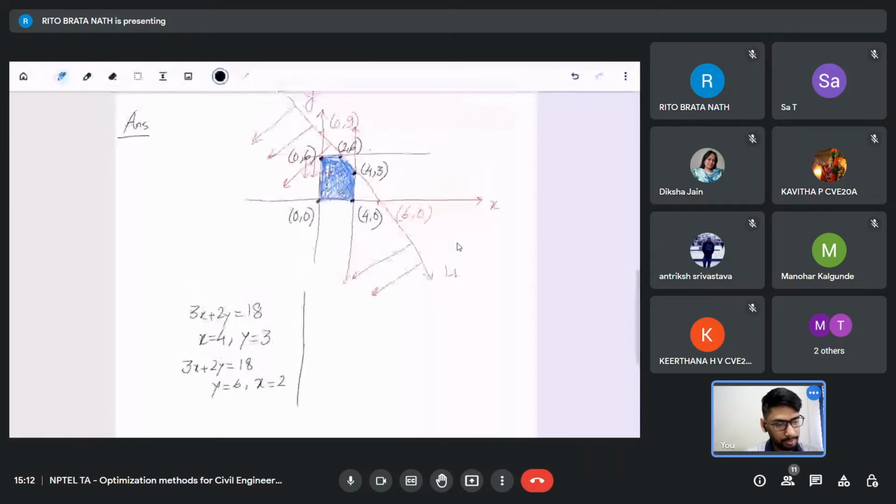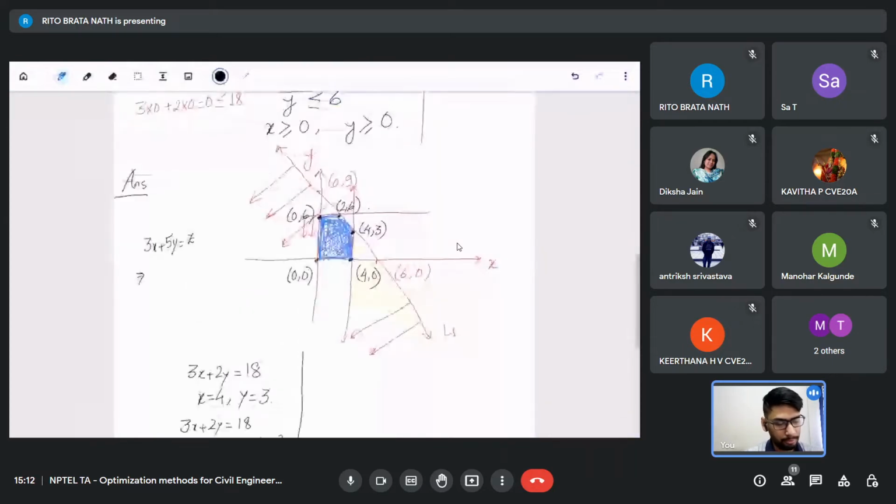So you can write this in the form of y equals to mx plus c. So suppose 5y equals to z minus 3x. So your y is minus 3 by 5 x plus z by 5. And your z can be anything. So it will be like parallel straight lines depending on the value of z, with a slope of minus 3 by 5.